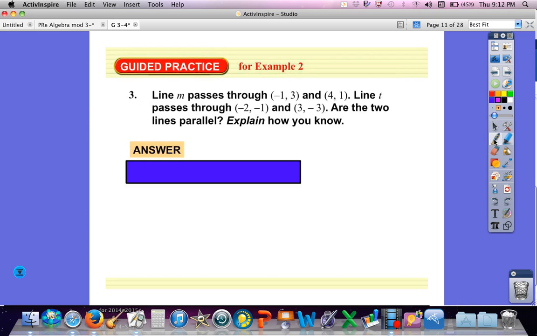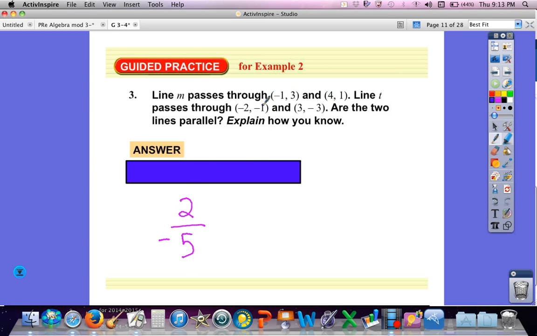So now they give us another problem. Line M passes through negative 1, 3, and 4, 1. And line T passes through negative 2, negative 1, and 3, negative 3. Are they parallel? So we're going to first have to find their slopes. So 3 minus 1 is 2. Negative 1 minus 4 is negative 5. So that's the first slope.